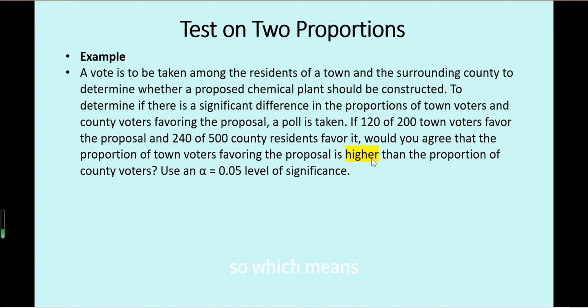So which means the analyst has excluded the case that P1 is lower than P2. So we do not consider the case that P1 is lower than P2. We only consider if it is higher. So this is a one-tailed test or one-sided test, right?